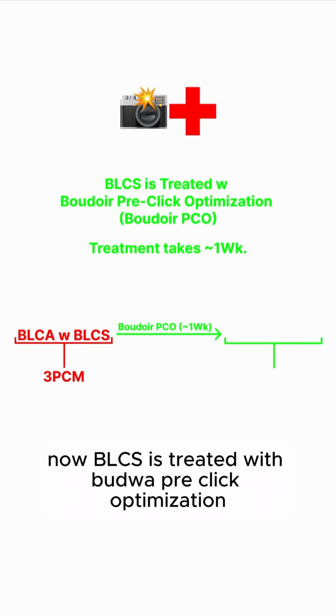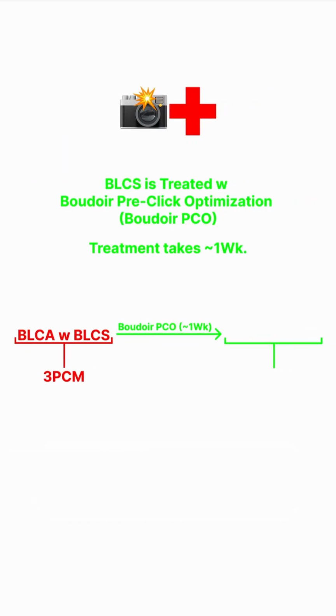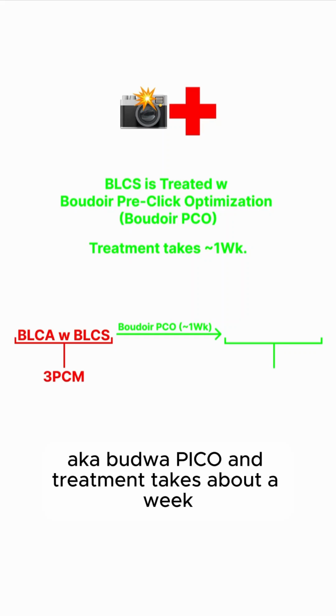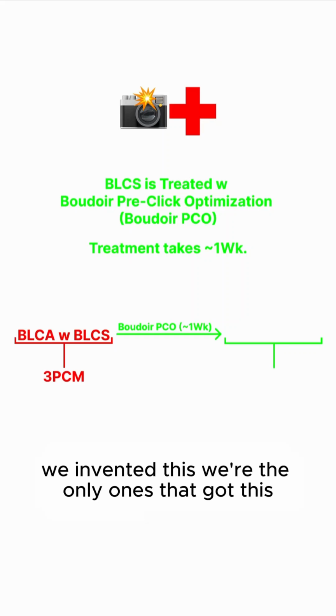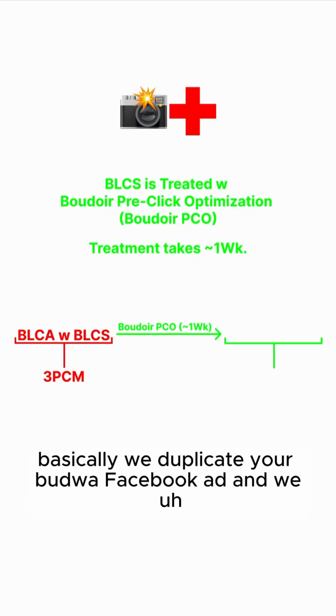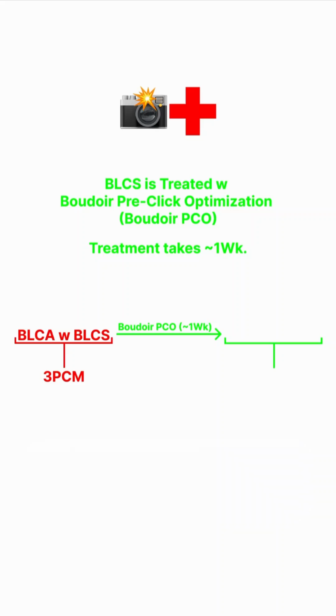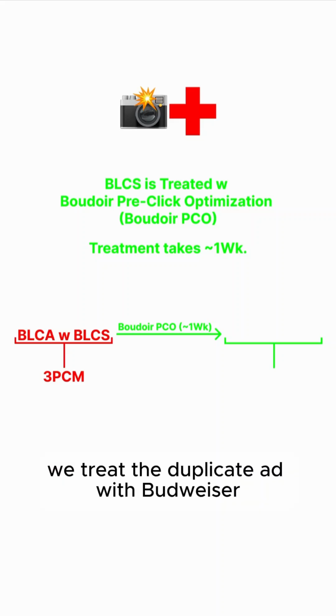Now, BLCS is treated with boudoir pre-click optimization, aka Boudoir Pico, and treatment takes about a week. We invented this. We're the only ones that got this. Basically, we duplicate your boudoir Facebook ad, and we treat the duplicated ad with Boudoir Pico.